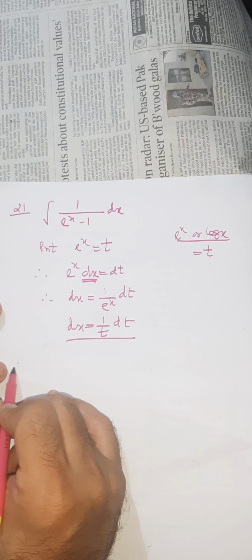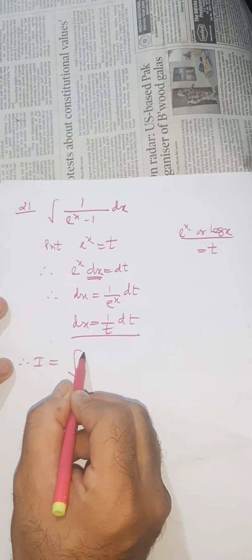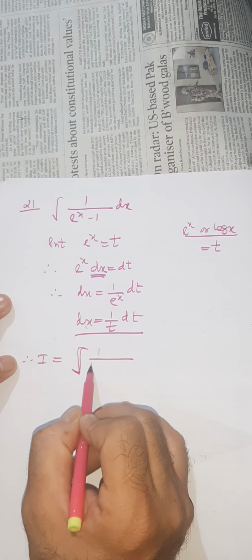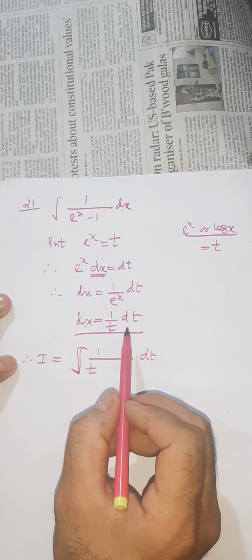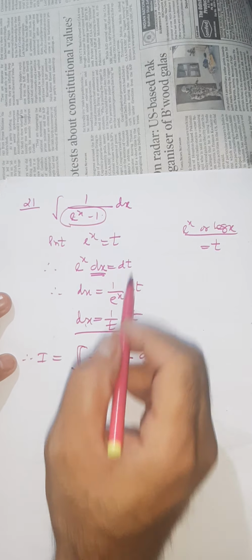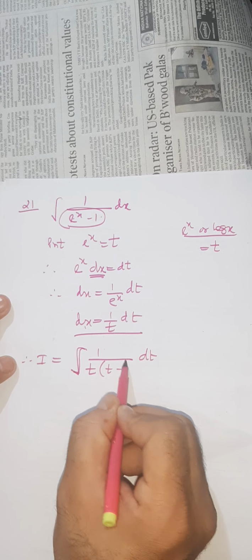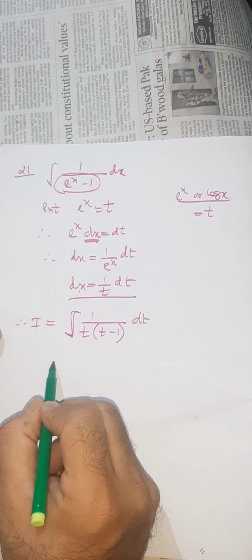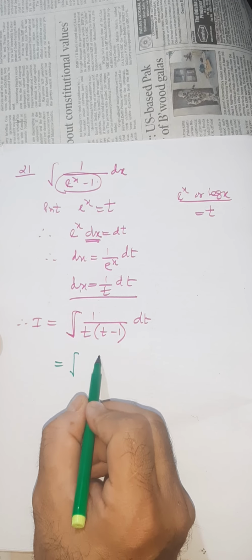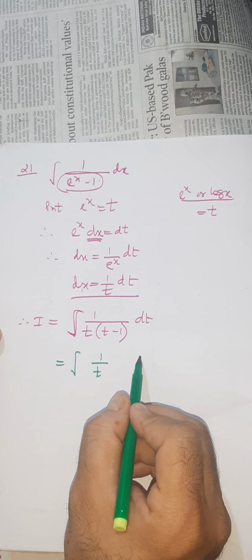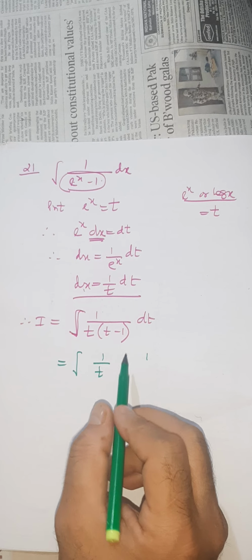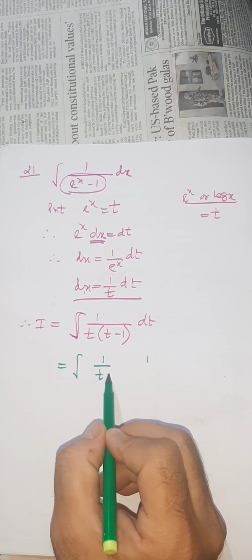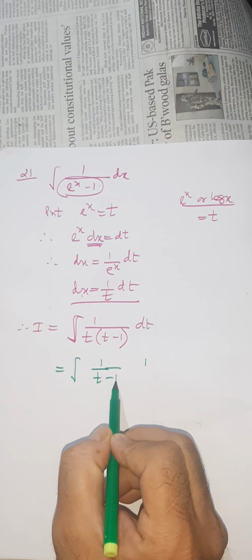So we place there. So integral will be here, what is dx? That is 1 upon t here dt. And what is e raised to x? That is t. So t minus 1. Now there is a product of two linear factors, but here factors are so simple. You can just see here by trial and error you can do. I need 1 there, so I'll keep t minus 1 factor here.